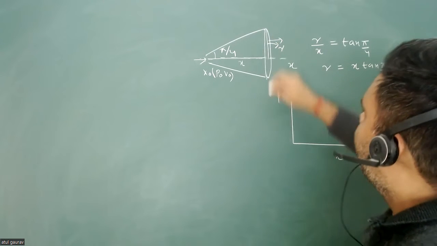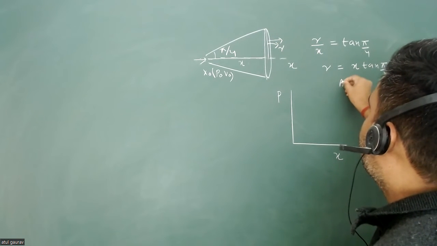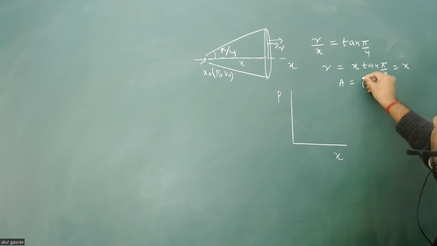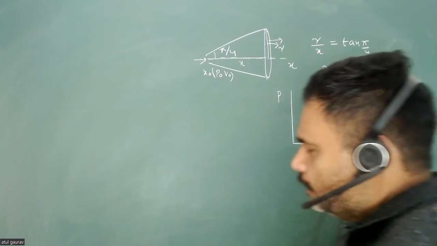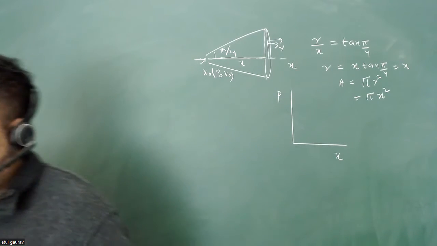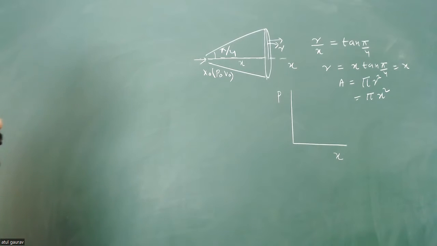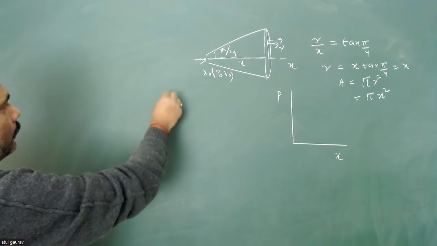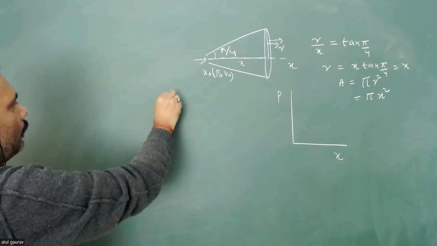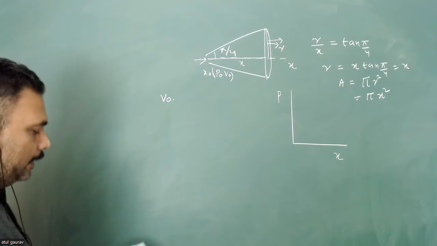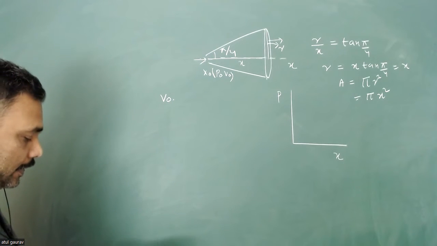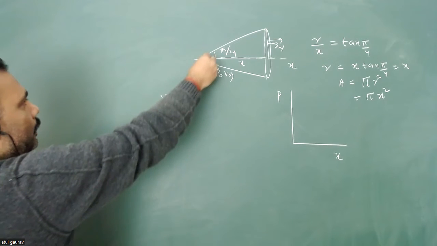So what will be the area? This area A is pi r square, so that will be pi x square. Now we can easily use the continuity equation. What is the continuity equation? V naught into the area at this point, which is A naught, is also given.